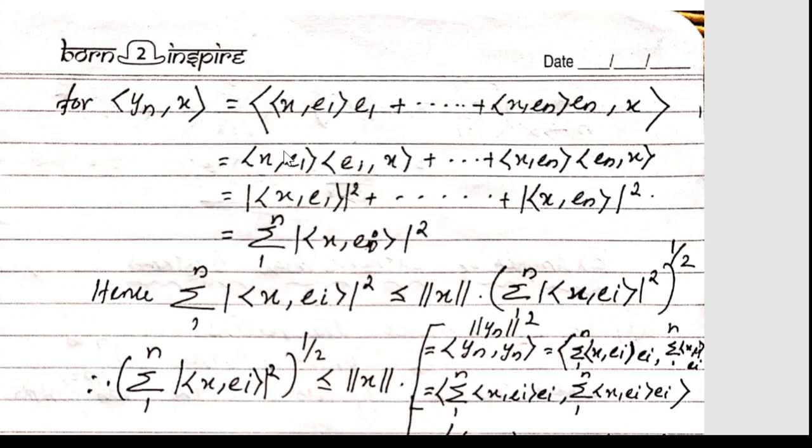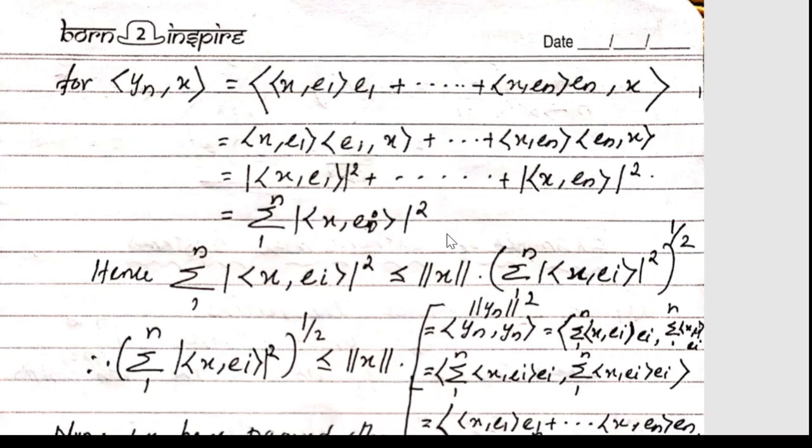Can you follow? That is nothing but the modulus of z squared. So we get the modulus of the inner product of x and e_1 squared, plus and so on, plus the modulus of the inner product of x and e_n squared. That is nothing but the summation i equal to 1 to n of the modulus of the inner product of x and e_i, squared. So we got that quantity.